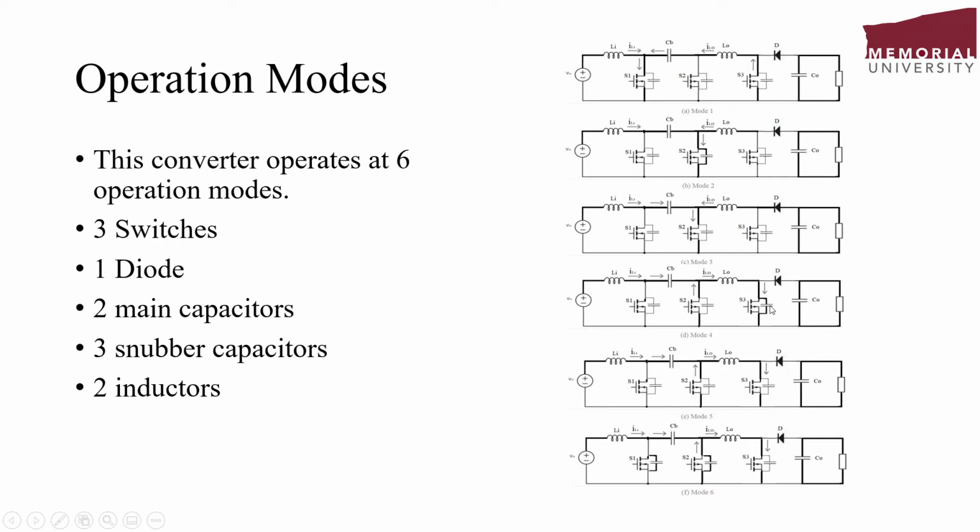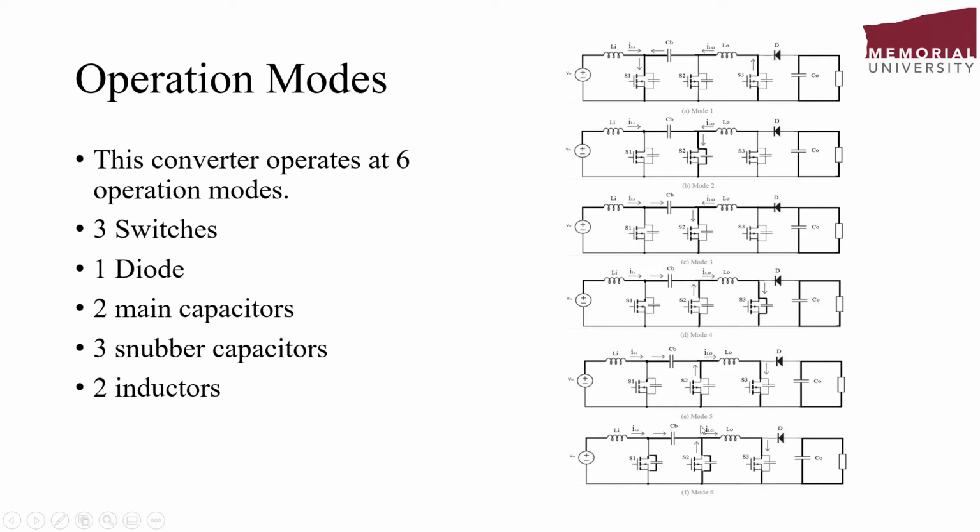In other words, the energy stored in the snubber capacitor of this switch will transfer to the Lo inductor, and at this mode the S3 reverse diode is on, and at the end of this mode S2 turns off under ZVS condition, and here all switches are off.